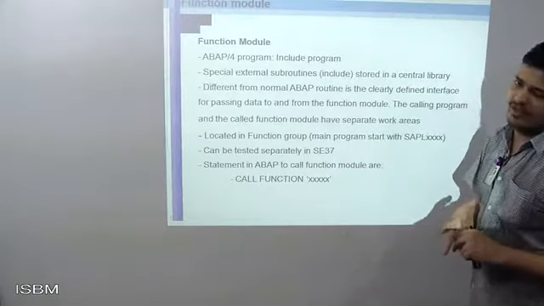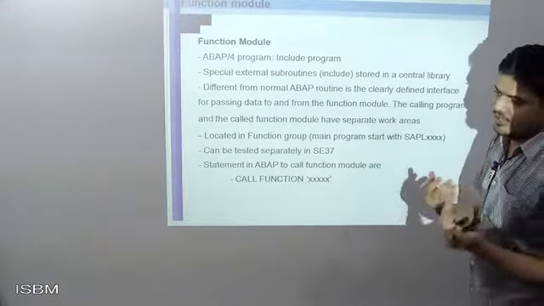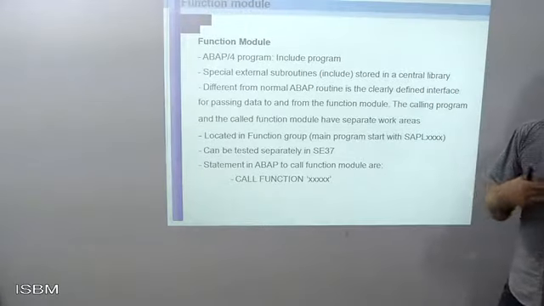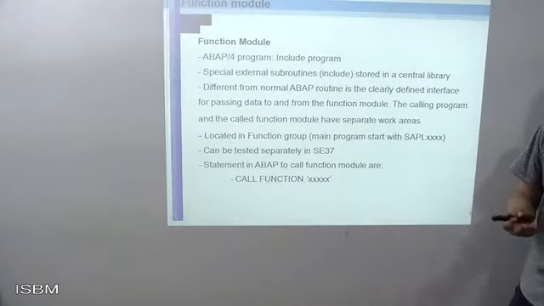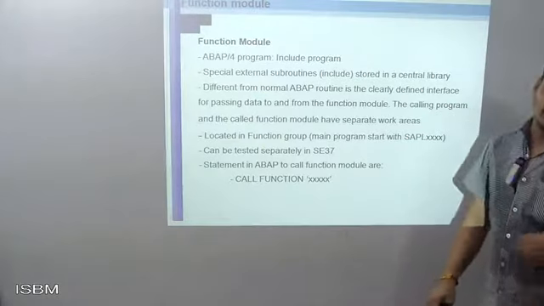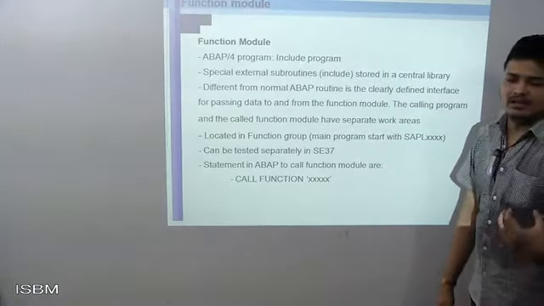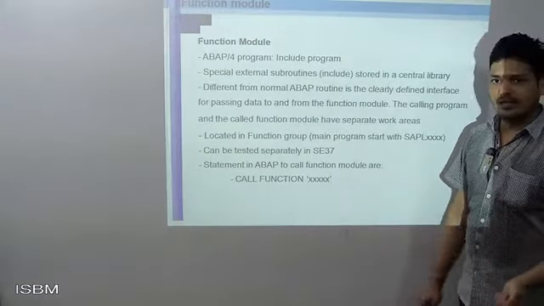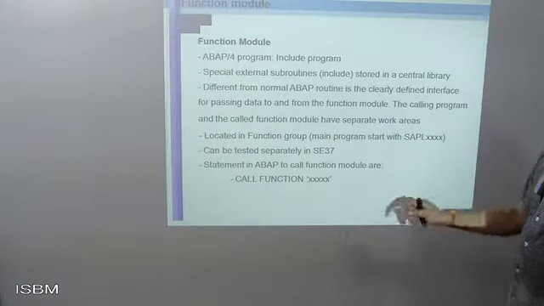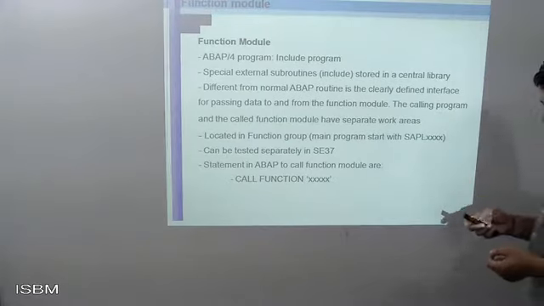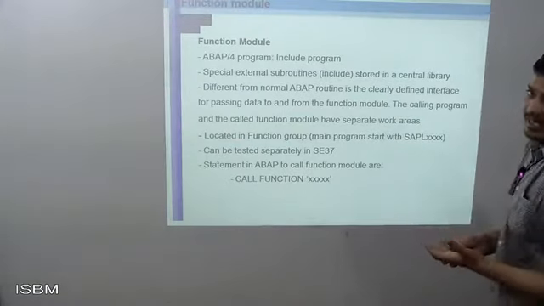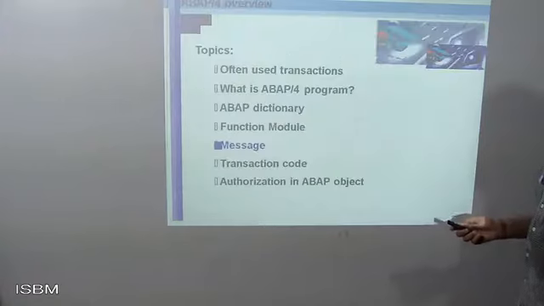Suppose I am in HR and have joined the company, and I don't know the employee number of Ravi. With that particular function module, I will directly run it and know in a minute what exactly the employee number of that particular employee is. This kind of functionality is used in function modules.